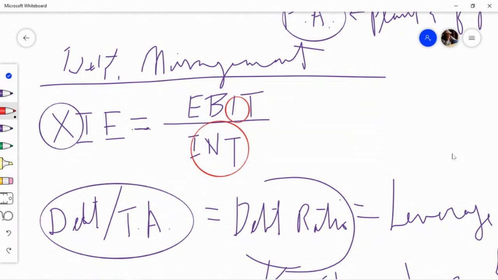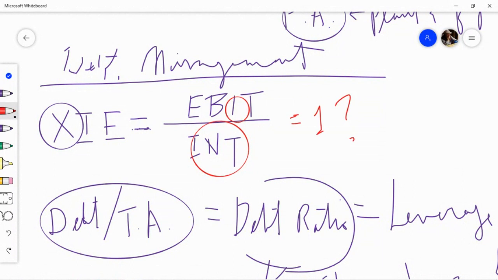Otherwise, suppose this ratio is 1. If this ratio is 1, what does that mean? You're dead. If this ratio is 1, you barely make the interest payment, and there's nothing left.